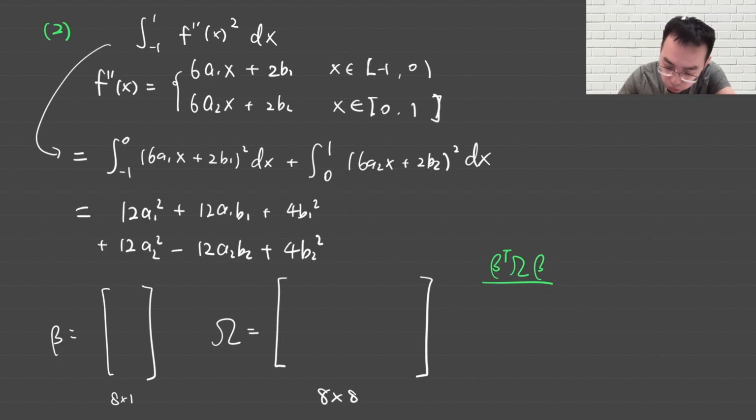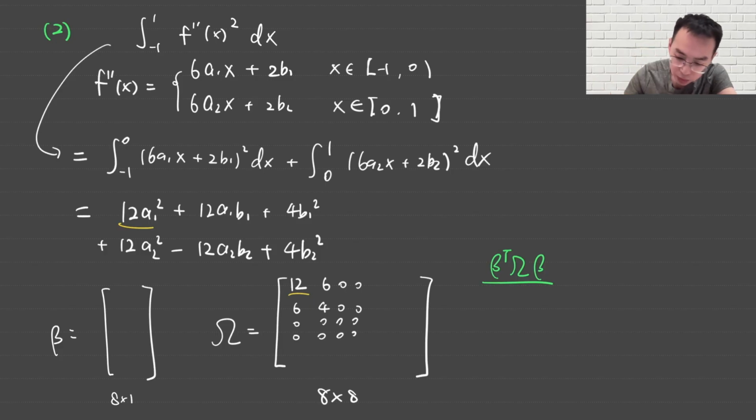That means we can just easily put numbers in, and so this here is a 12. This is because of a1, we have the 12 a1 squared. That means we got a 12 in here. Then we have the 6 and 6 and the 4 for this, and because we don't have any terms related to C and D, we're just gonna put 0 in these places, and then we just fill in the second block.